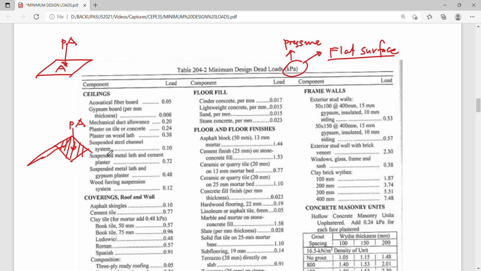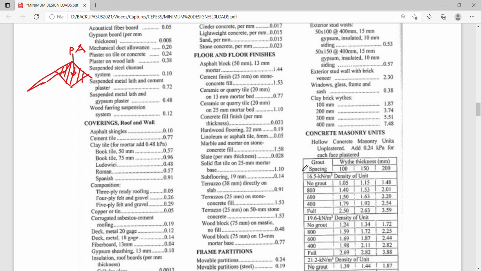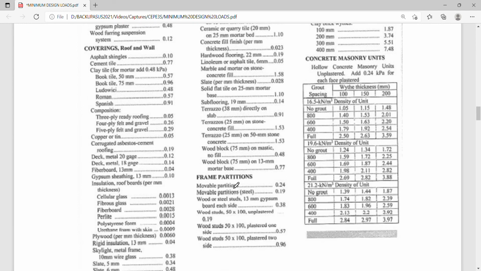Okay, so ceilings, coverings, floor fill, floor finishes, frame walls, concrete masonry, they are all represented to be applied to flat surfaces, frame partitions, etc.